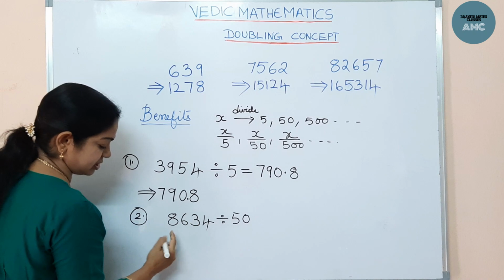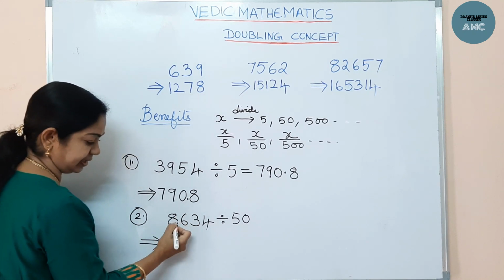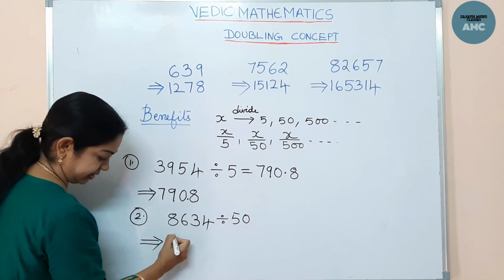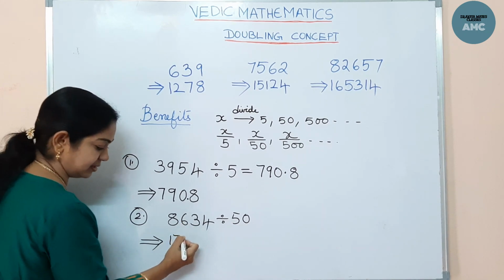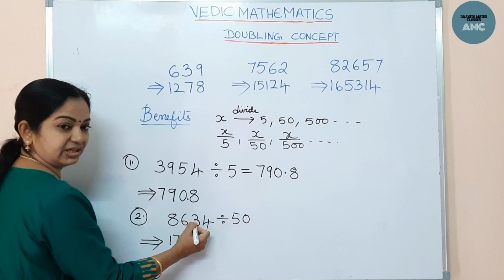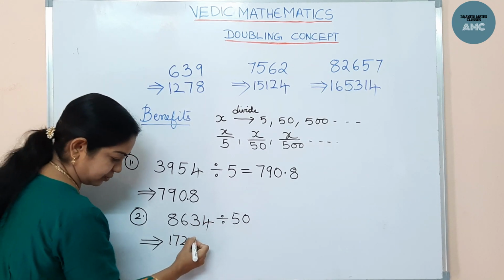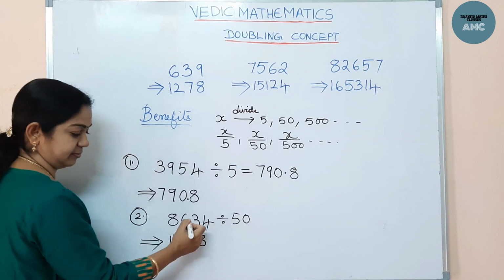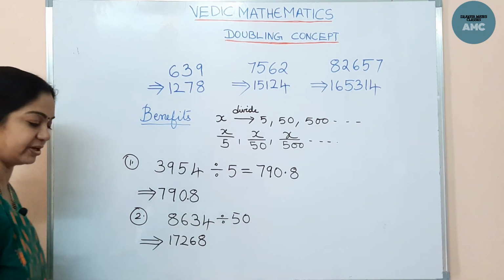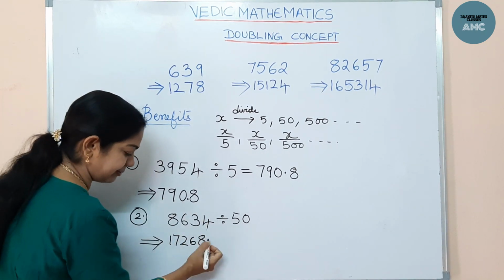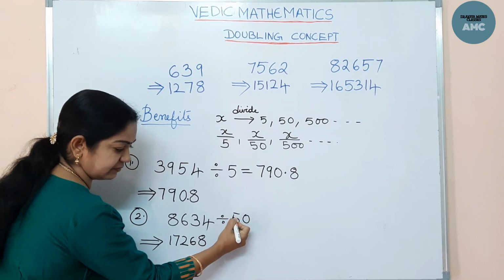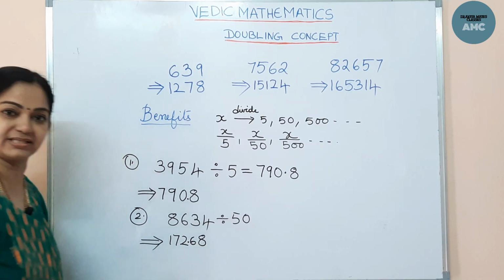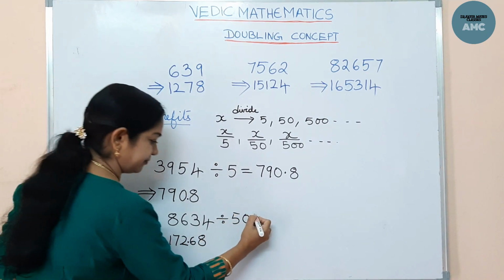I will use the concept of doubling. 2 8s are 16, so 17. 2 6s are 12, so 2 only. 2 3s are 6, 6 only. 2 4s are 8, 8 only. Because these two are group 1, I have kept it like that. For dividing by 50, I'll simply place the decimal after 2 digits. This is the final answer.